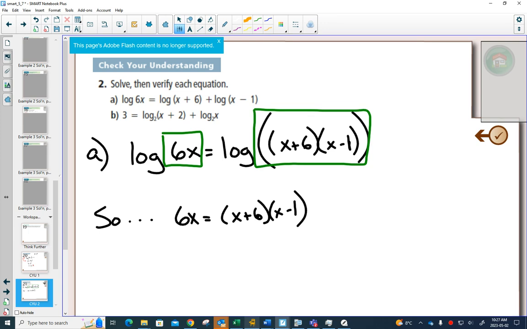It's the same shortcut that we did when you had something like 5 to the x equals 5 to the 7th. So, x is equal to 7. You could solve that with logarithms. But isn't it a lot easier just to say, so x equals 7? This will only work as a shortcut if you have a log on one side equal to a log on the other side.